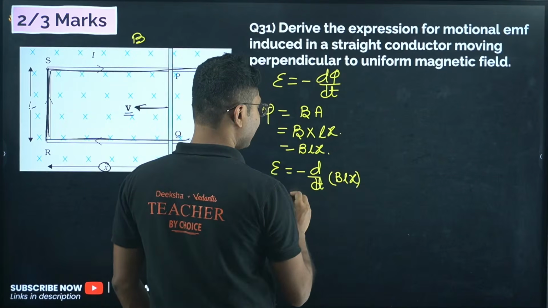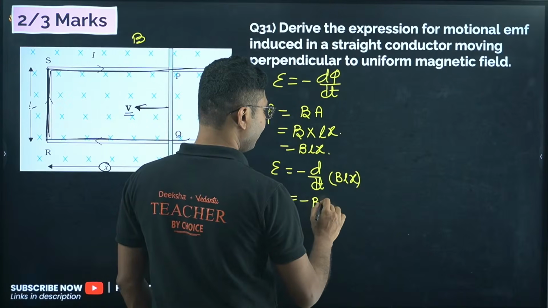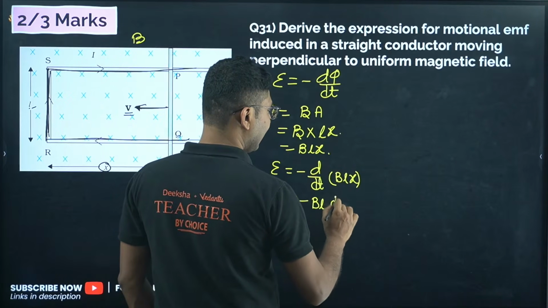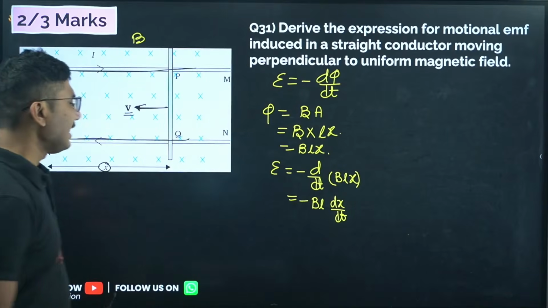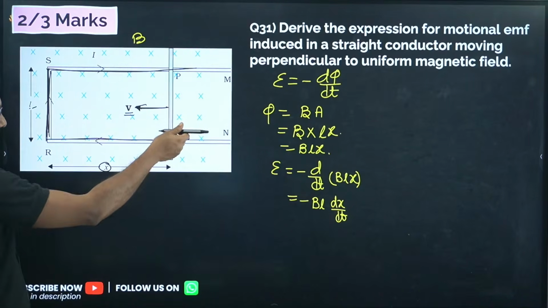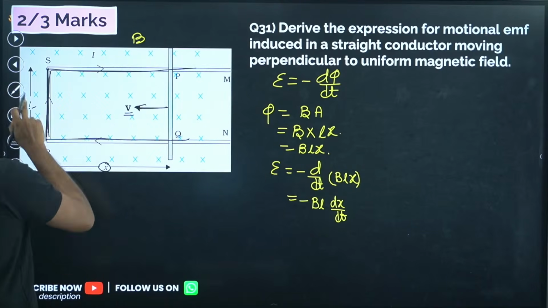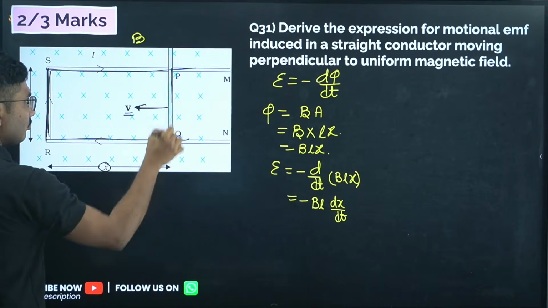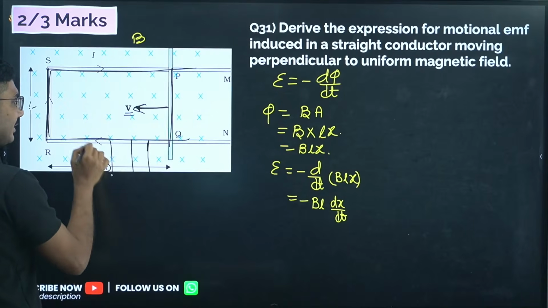Now B is constant, L is constant, x is not constant, so minus BL dx/dt. Now what is dx/dt? It is the rate of change of distance, and as this rod approaches this side, the value of x is decreasing with time.